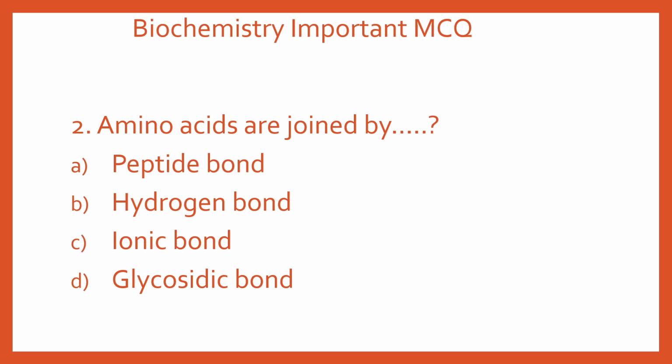In peptide bond, we're looking at the bond formed when two different amino acids are joined together, like alanine and glycine. We form a peptide, and the bond that holds these two amino acids together is called a peptide bond. So the answer here is peptide bond.